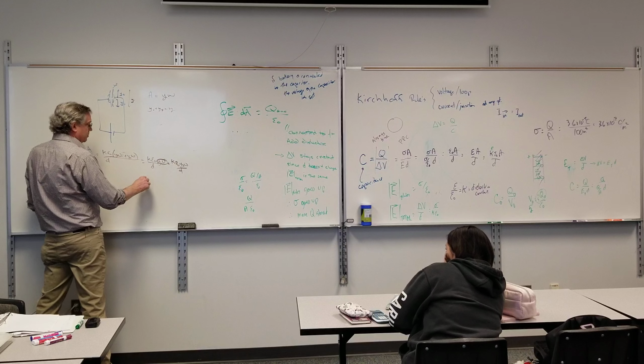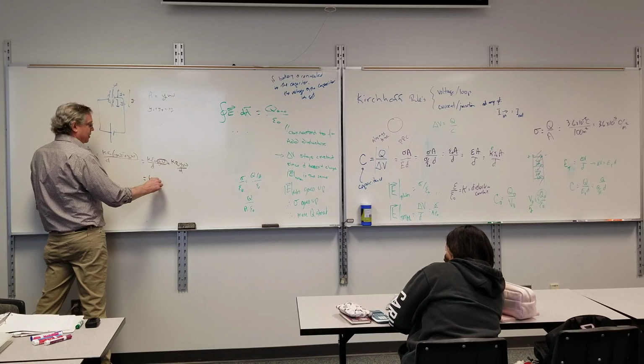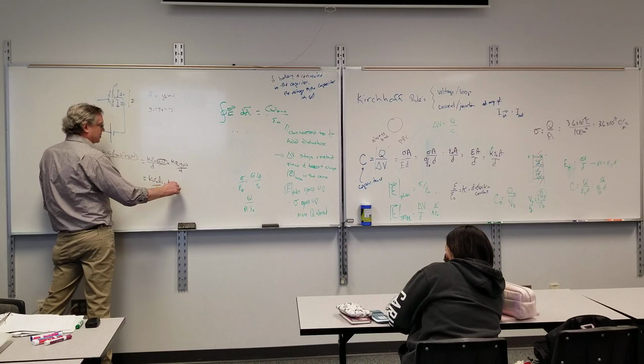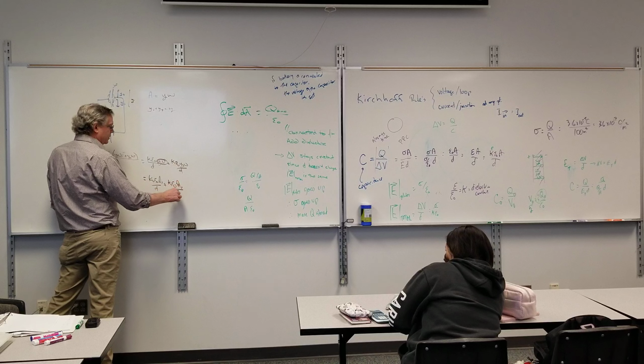So this just becomes kappa epsilon sub naught A1 over D plus kappa epsilon sub naught A2 over D.